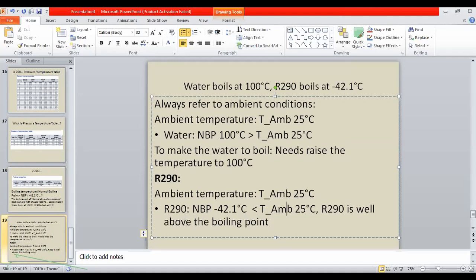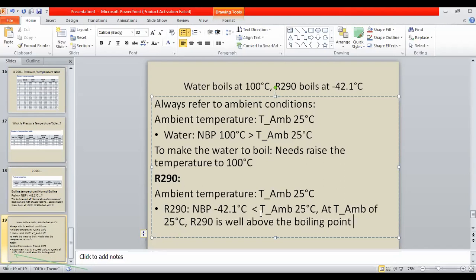Okay. So at ambient temperature of 25 degrees Celsius, R290 is well above the boiling point.